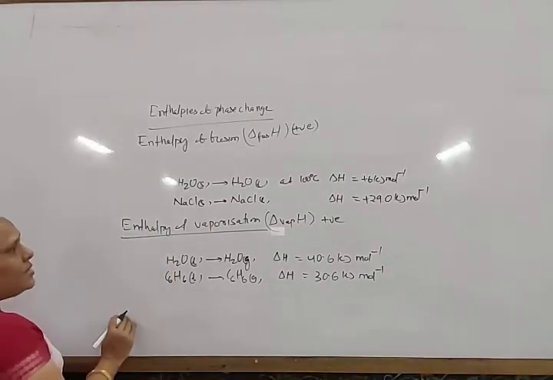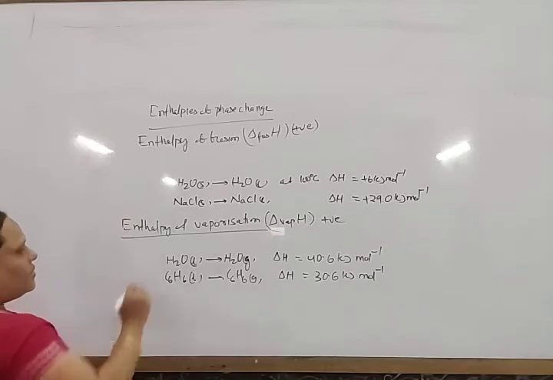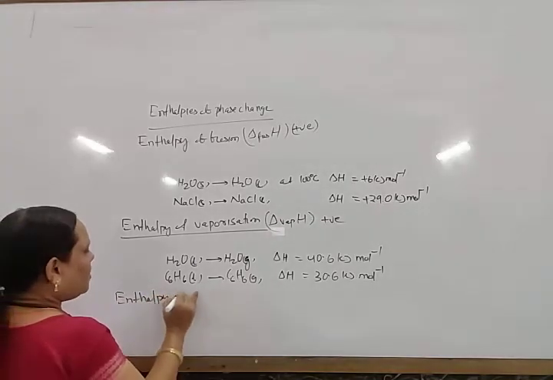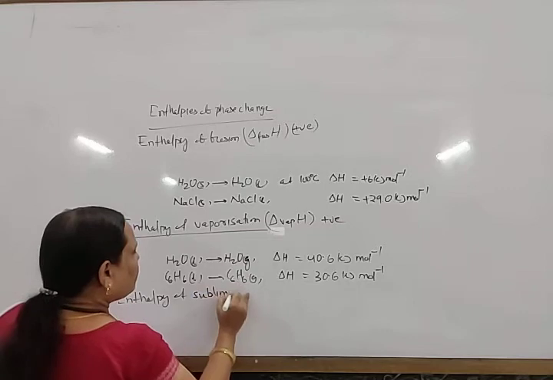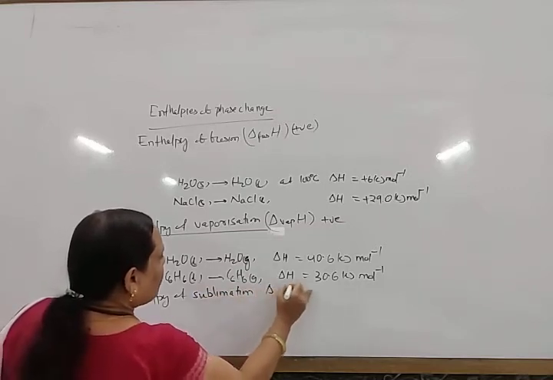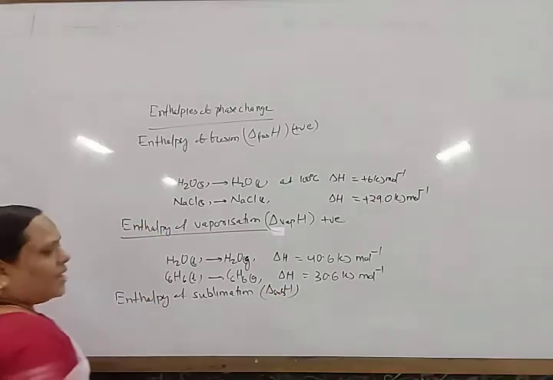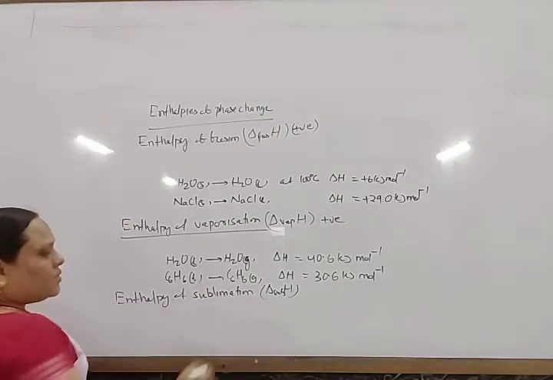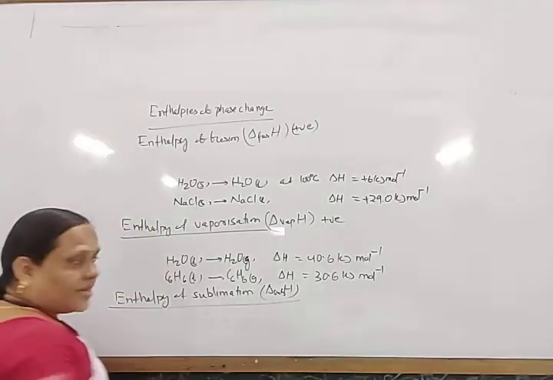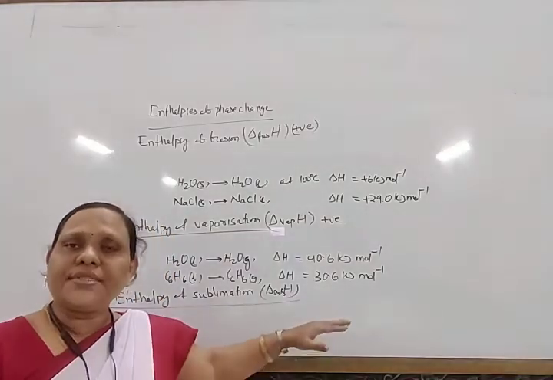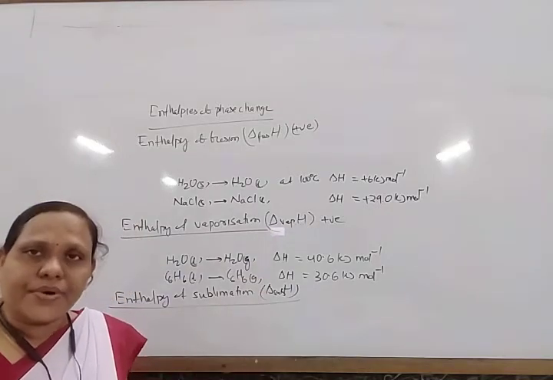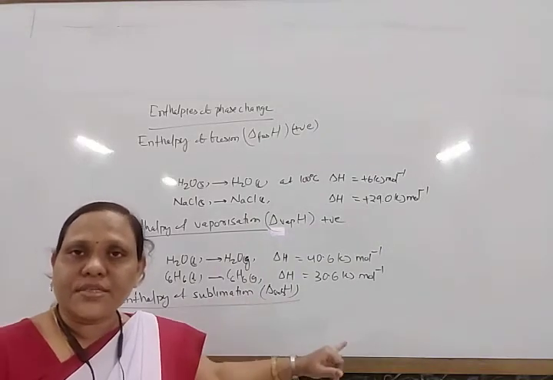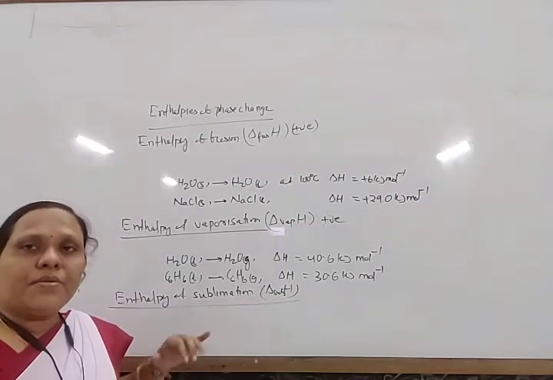Next, another enthalpy of reaction: enthalpy of sublimation, read as del H sublimation. The enthalpy of sublimation is the enthalpy change that takes place when 1 mole of solid is directly converted to its gaseous form below its melting point, before it goes on to melt.